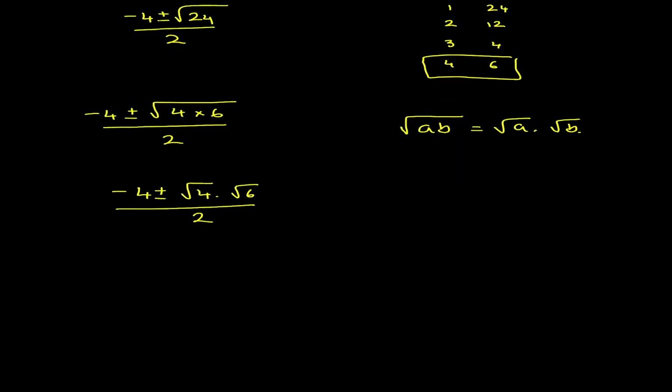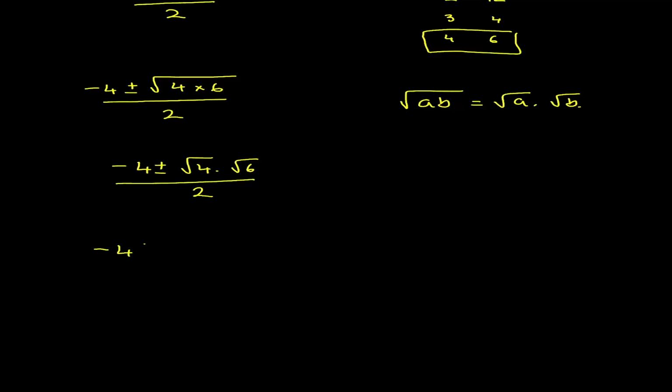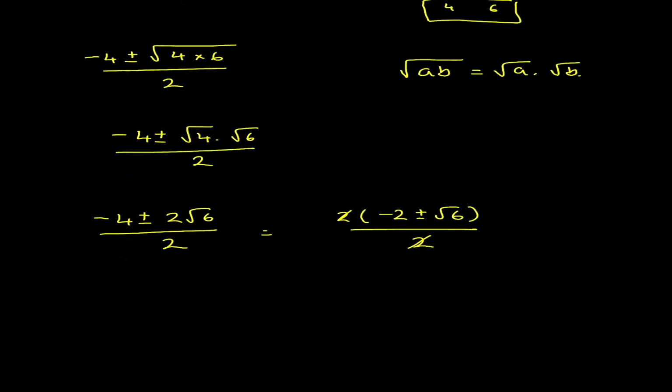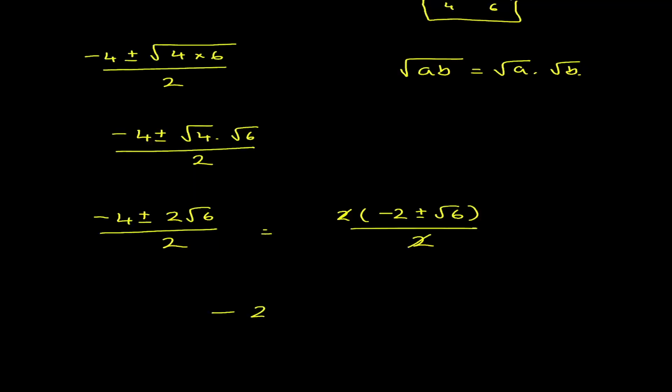So we have minus 4 plus or minus 2 root 6 all over 2. Then we could take out 2 as a factor from the top, so I would be left with negative 2 plus or minus root 6 on top and 2 on the bottom. Which means you could simplify these two, right? Because you've got a 2 on the bottom and a 2 on the top. And so my final answer actually is negative 2 plus or minus root 6.